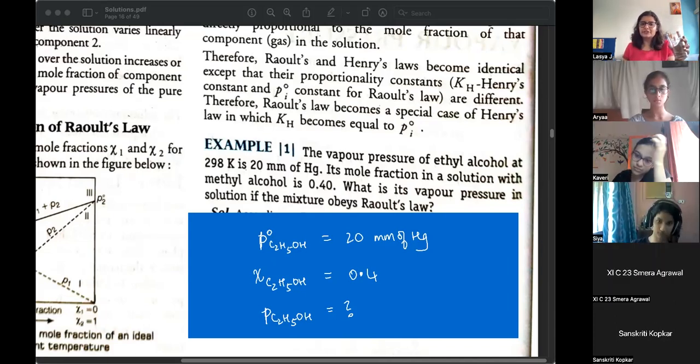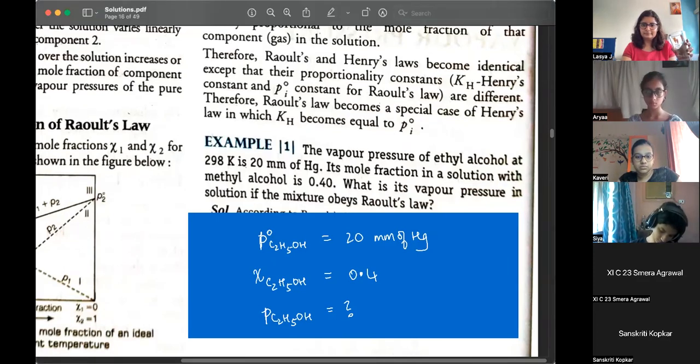Kaveri already solved it. Kaveri got it.